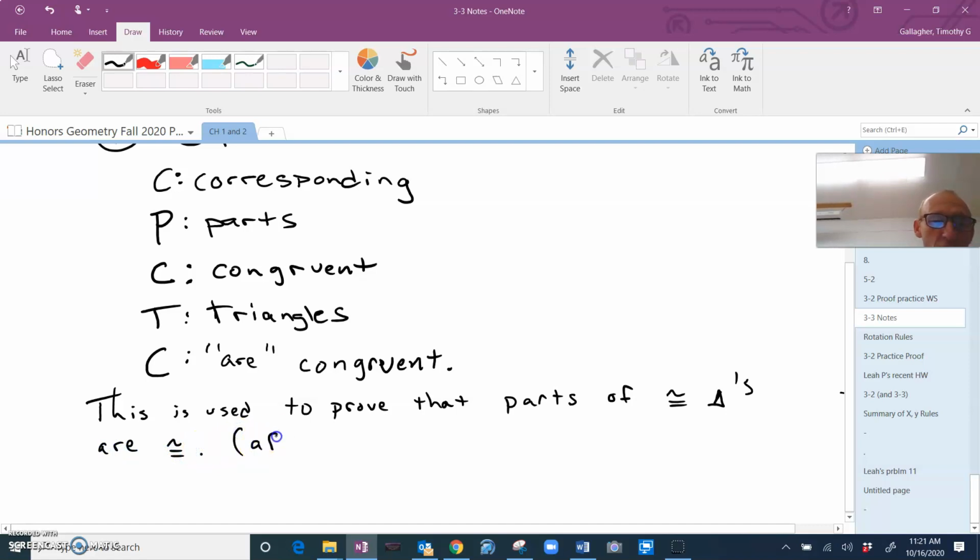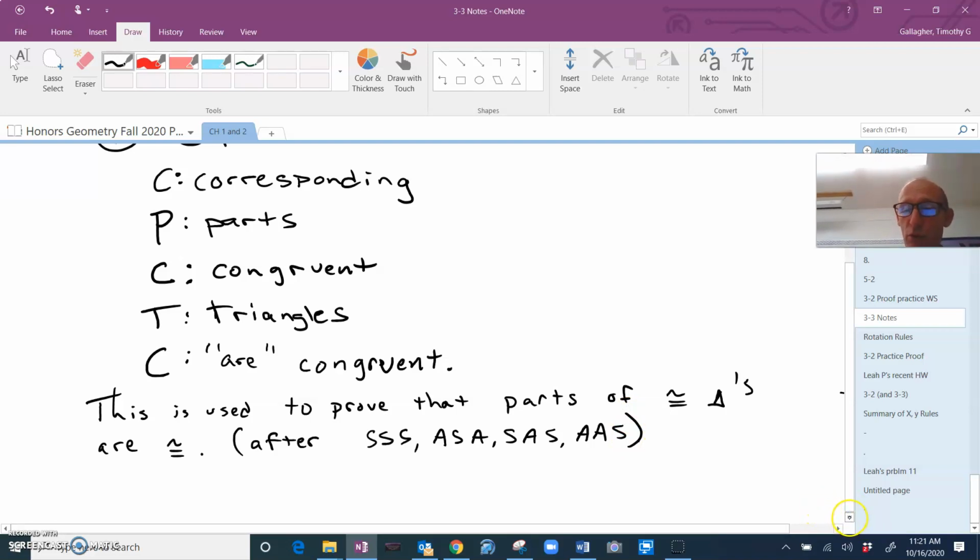So after side, side, side, angle, side, angle, side, angle, side, or angle, angle, side, once you prove the triangles are congruent, you might need to use CPCTC to finish the proof.